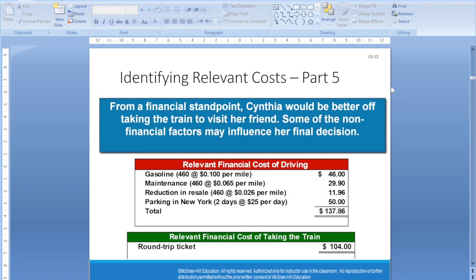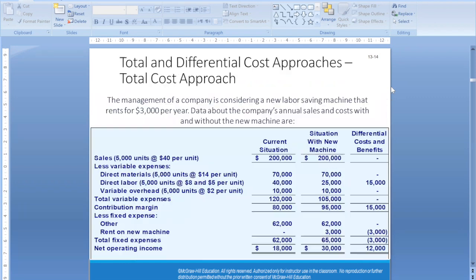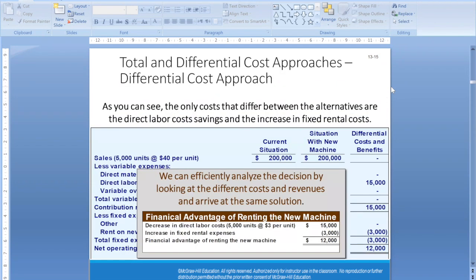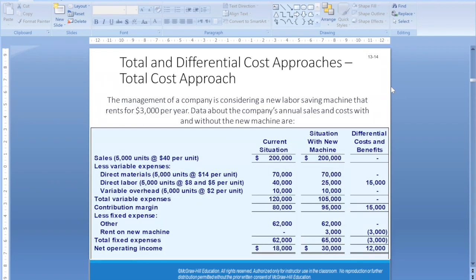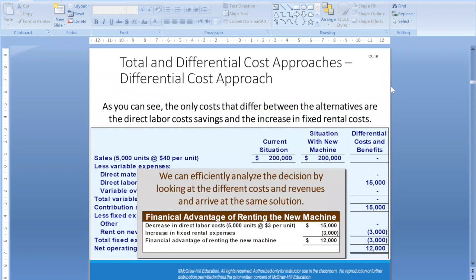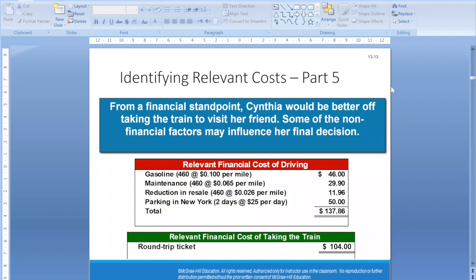Then the round trip train cost will be better, which is $104, compared to $137. Any questions on this, guys?